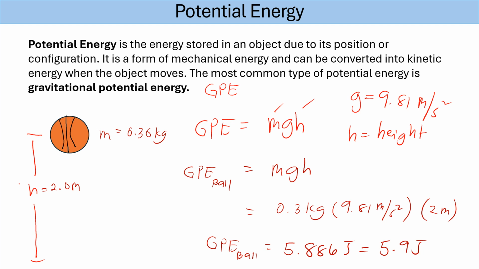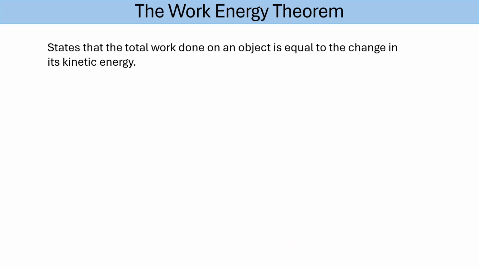Okay, so now we're going to define the work energy theorem. The work energy theorem states that the total work done on an object is equal to the change in its kinetic energy. Okay, so our situation here is like this. Suppose we have a moving body here, regardless of the force that's being applied to it, as long as it is seen at this time that it has a certain position.